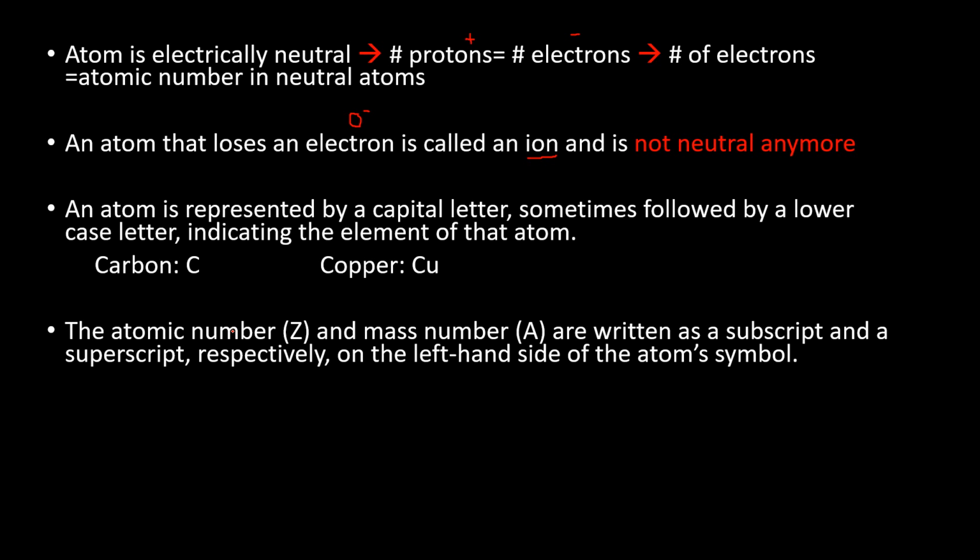So the atomic number is a subscript and the mass number is a superscript. For example, if you have an element X, this would be the mass number and this would be the atomic number. Helium here has a mass number of 4 and an atomic number of 2. And carbon has a mass number of 12 and an atomic number of 6.